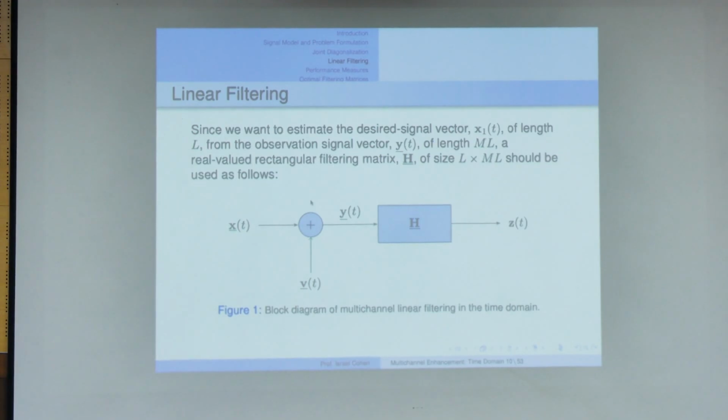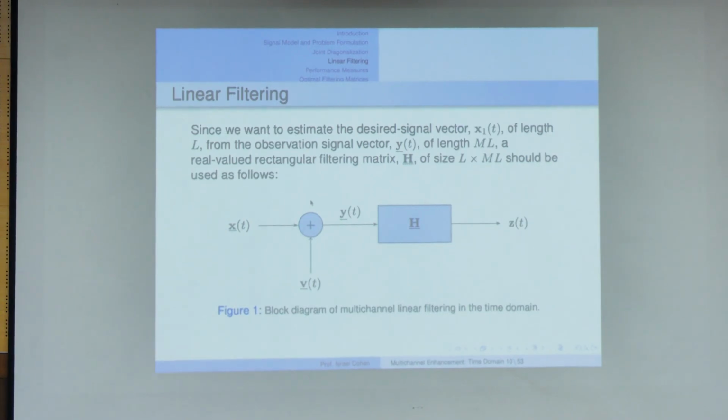Because maybe in the frequency domain it's easier to separate the signals from the noise. If we know where the signal subspace is and where the noise-only subspace is, it's much easier to find the MVDR filter more accurately. So we know that there are relations between the filters. So that's why we work also here.